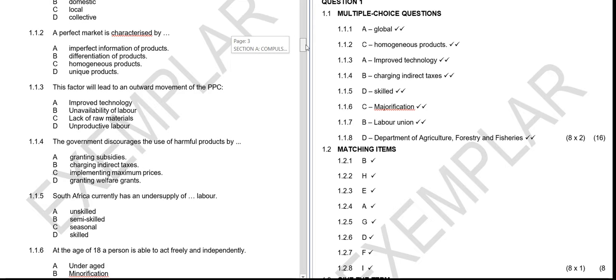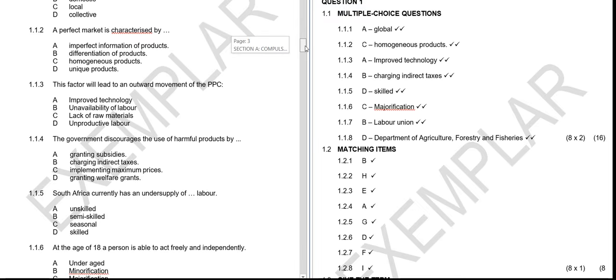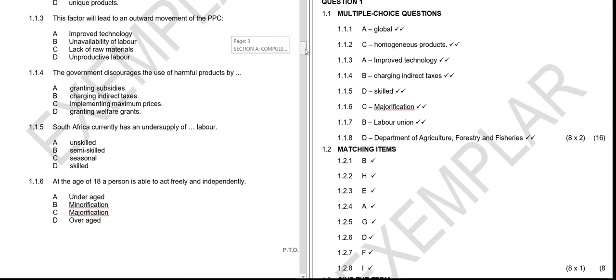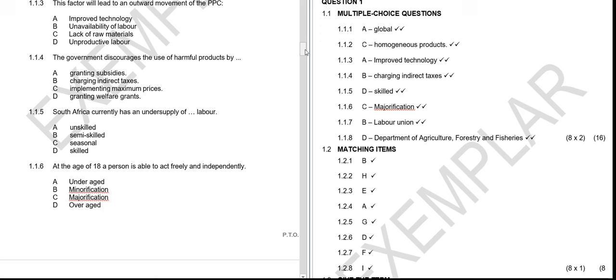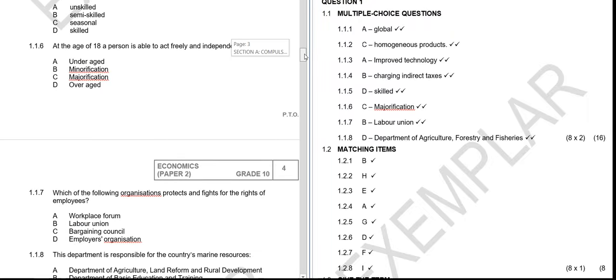So this is what we have. Then on number 6, at the age of 18, a person is able to act freely and independently. So the correct response is majority, which is C. Then we go to the next question, which is now going to be number 7.